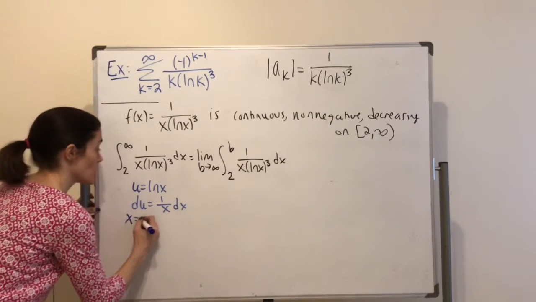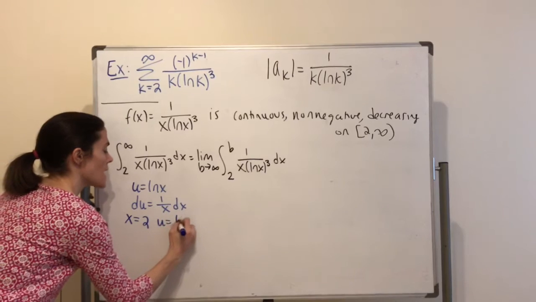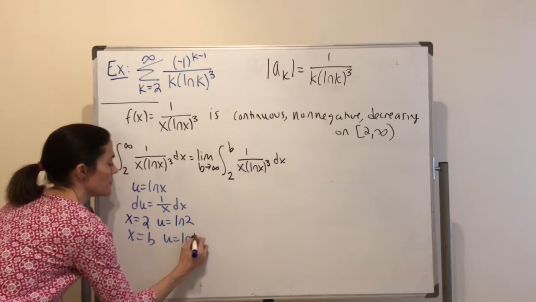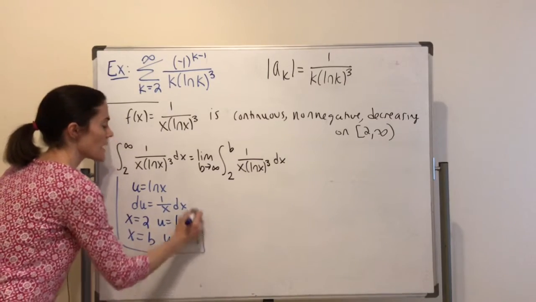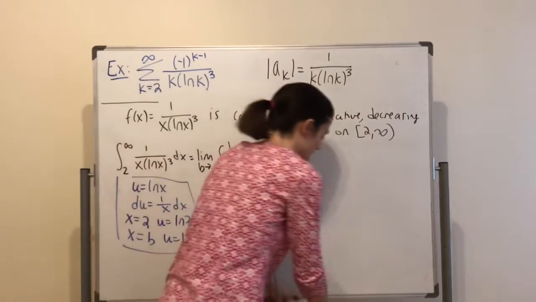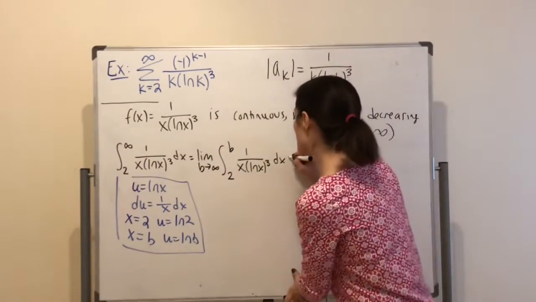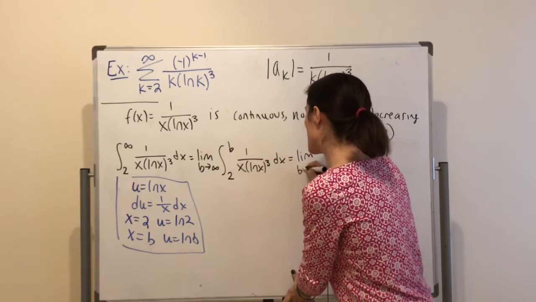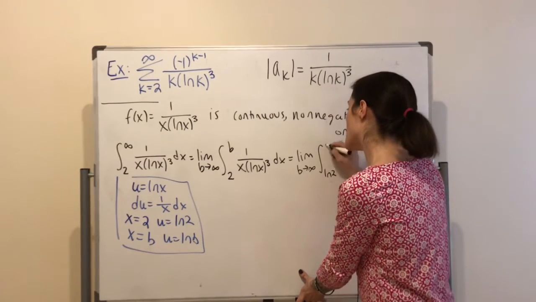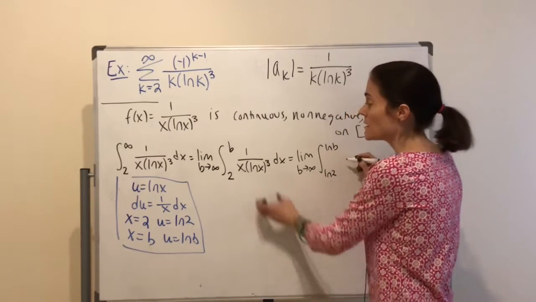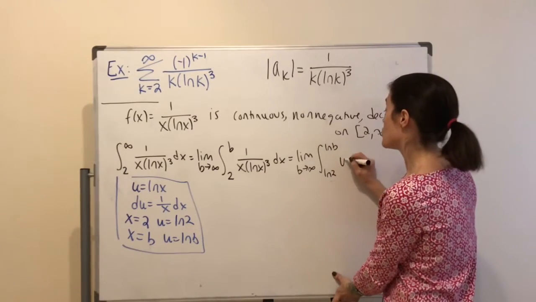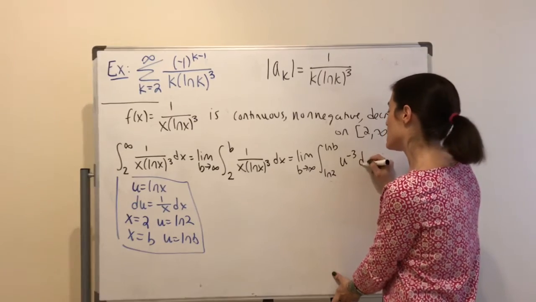When x equals 2, u is ln 2. When x equals b, u is ln b. So here is all of my side work for the substitution. Then, this is a limit as b goes to infinity of the integral from ln 2 to ln b, and my integrand becomes u to the minus 3 du.